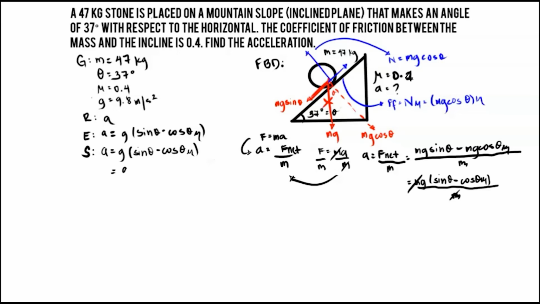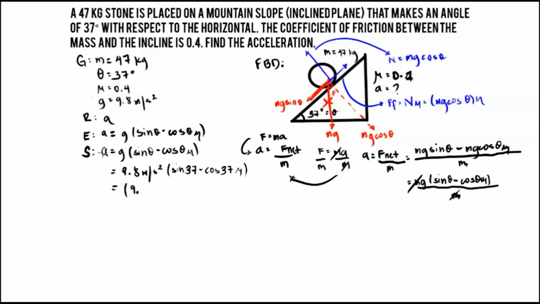So g is 9.8 meters per second squared times sine 37 degrees minus cosine 37 degrees times the mu. So you're gonna use a calculator.